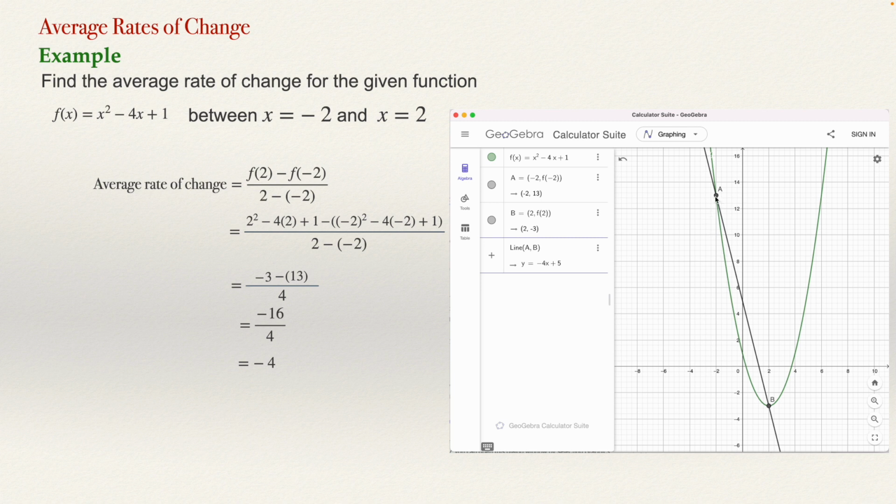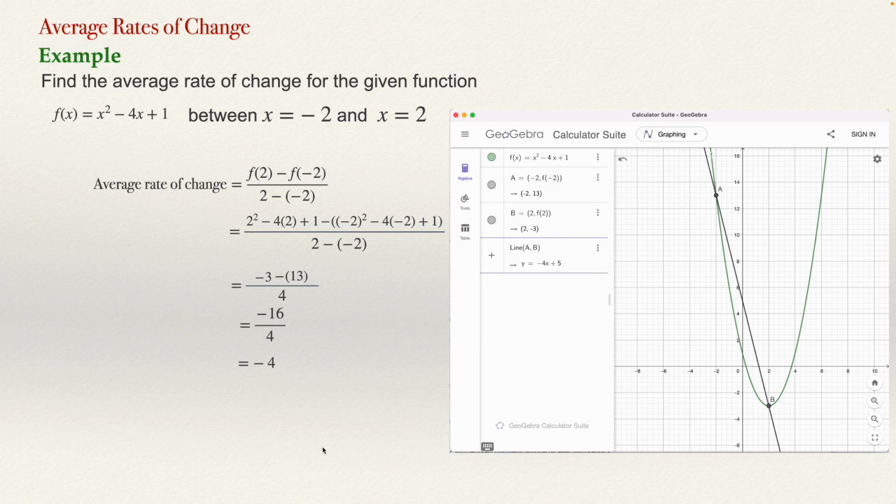So it was changing from 13 to negative 13. So there was a change of 16 units when there was a change of 4 units. So 16 over 4 equals 4. So actually this is the negative 4 that we have here, because it's a decreasing change, and so it's going down. So this is a negative slope.